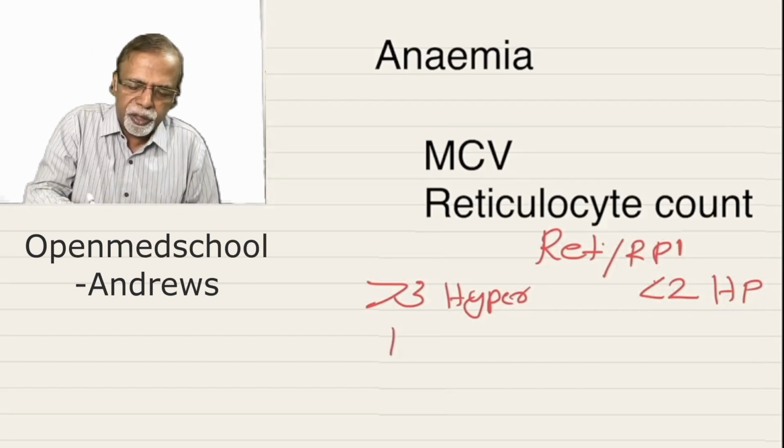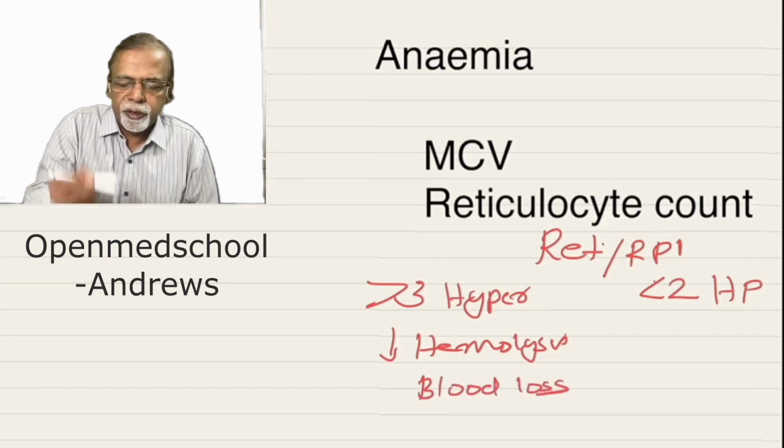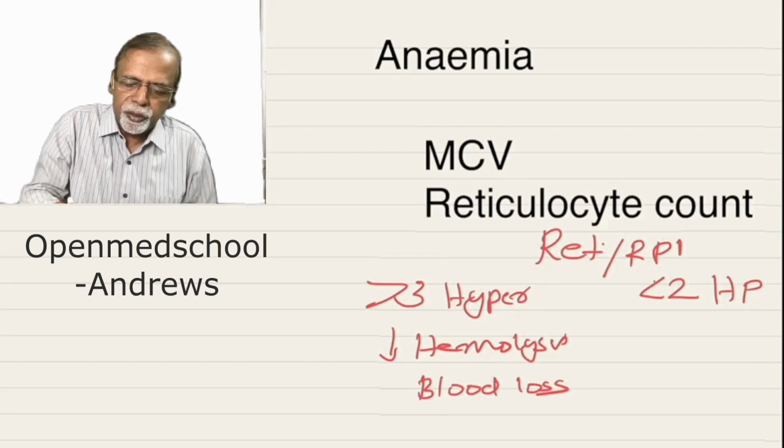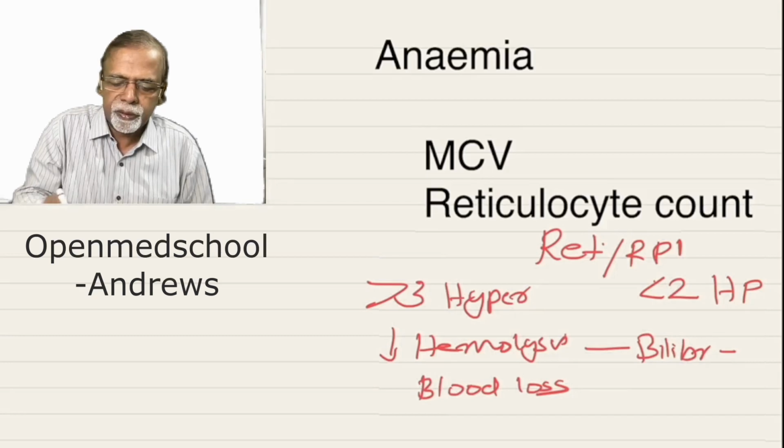Two important conditions for hyperproliferation are: one is hemolysis, and second is blood loss. So how will you identify this? If we check the bilirubin, and the indirect bilirubin is high, it means it is hemolysis.